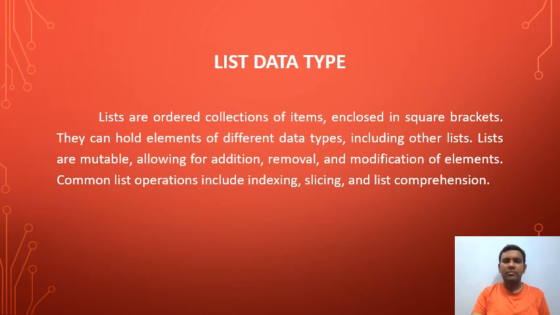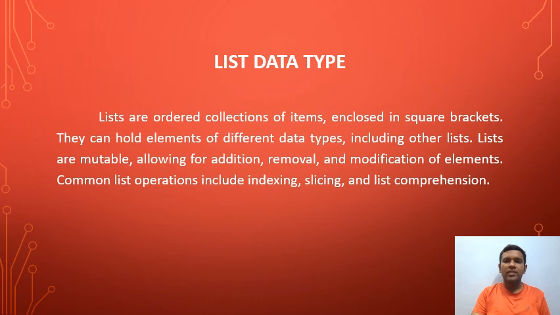They are not the same as strings which we saw now. Here, the values put inside a list can be edited during the program. Common list operations include indexing, slicing, and list comprehension. These three are the operations that can be performed on a list in Python.